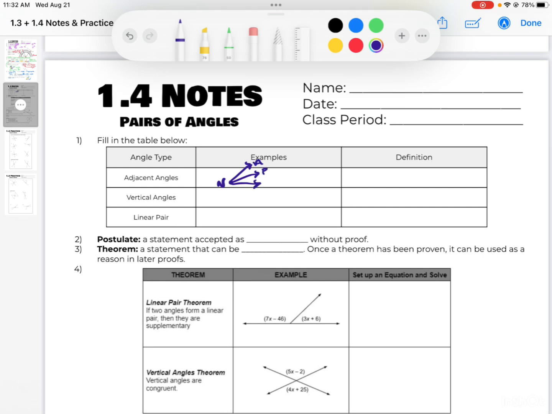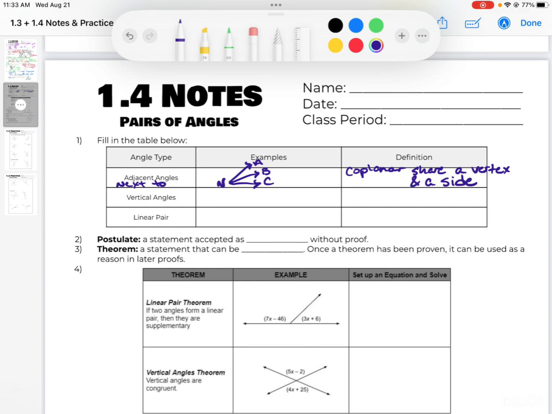beside each other or next to each other, okay? Next to each other. And the really important things from the definition are that they are coplanar. Okay, that's important. They also share a vertex and a side.